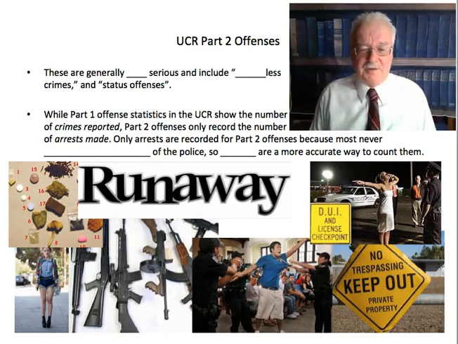Because of all these factors, these are not that accurately recorded, and the statistics don't always represent the actual number of these crimes going on. So the only arrest recording is the more accurate way to count them, and even that has its fallacies. So that concludes Lesson 2, Part 2.